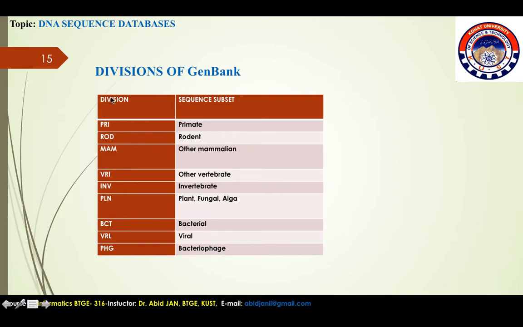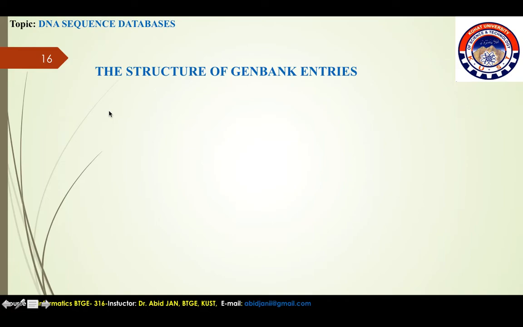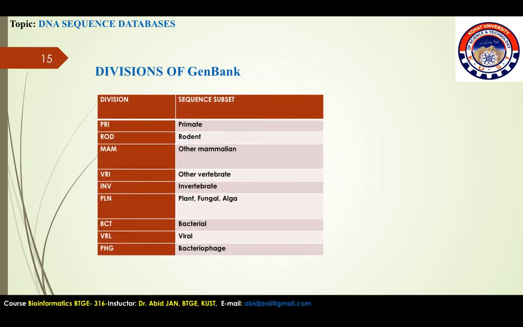Some of them are mentioned here: PRI, ROD, MAM, VRT, INV, PLN, BCT, VRL, PHG. This division facilitates fast, specific, and comprehensive searches by restricting queries to a particular database subset.